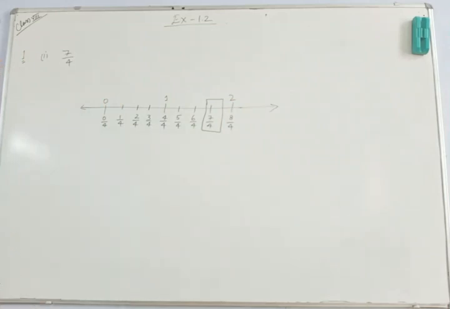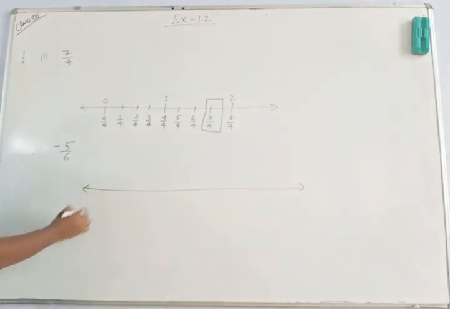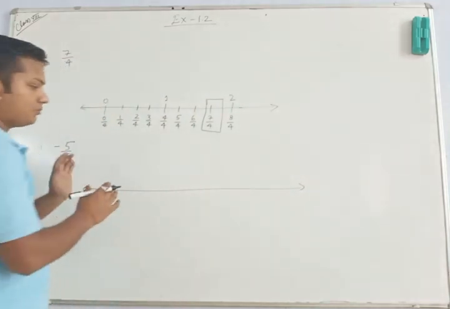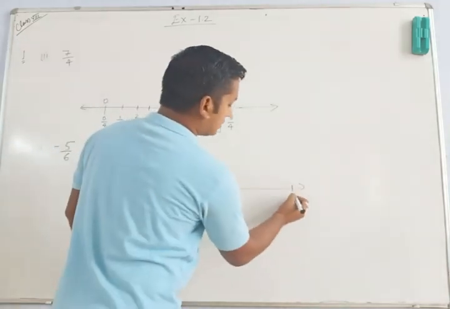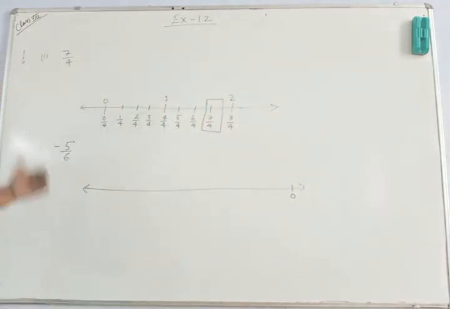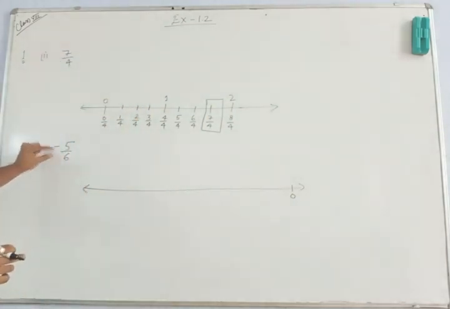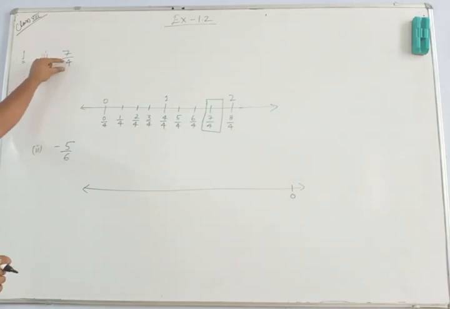Now the second one is minus 5 upon 6, which we have to represent. All of us know that it is negative, so we will keep the 0 at the right hand side so that we can draw the negative numbers. Now listen, every time you must first look at what the denominator is and how many fractions we have to make.